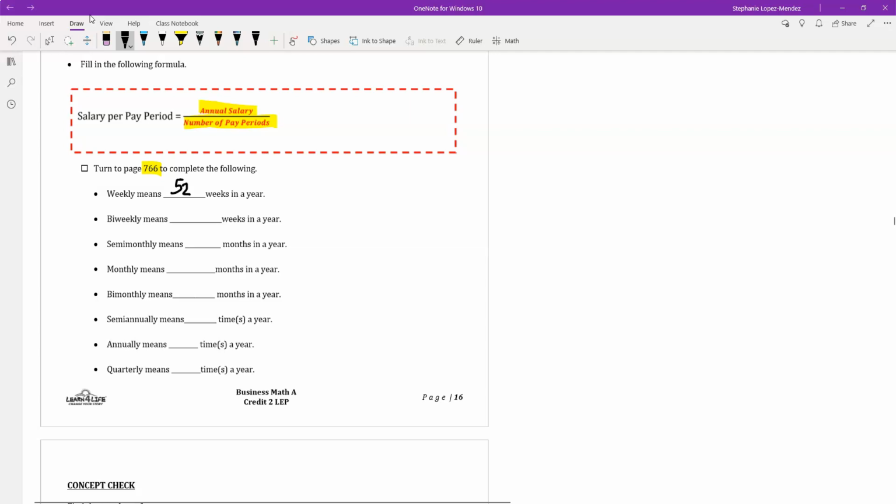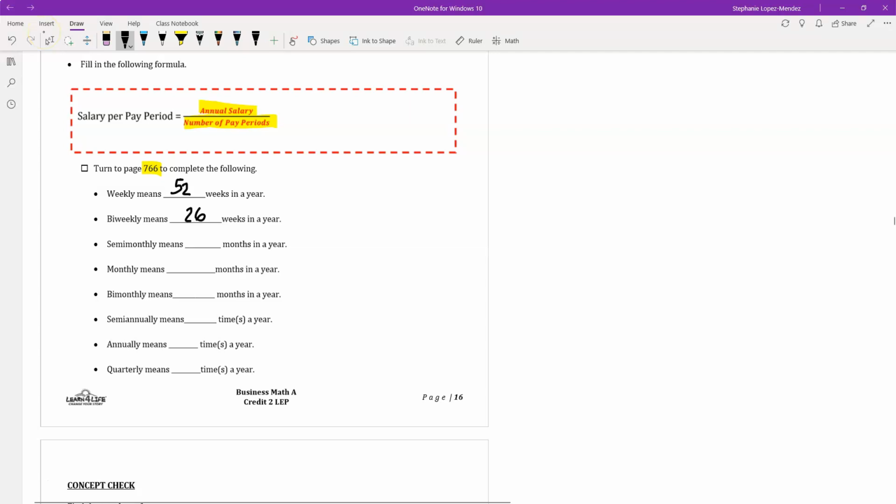Bi-weekly means that you get paid every other week, so every 2 weeks pretty much. That means that if we have 52 weeks in a year, you are only getting paid half, right? So the pay periods in a year are only 26.